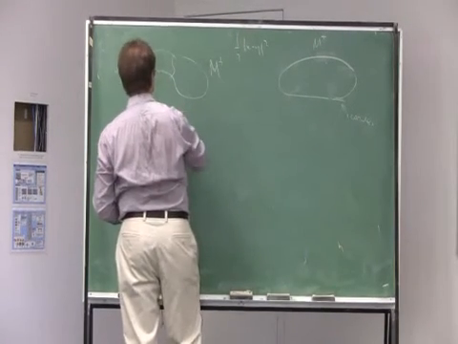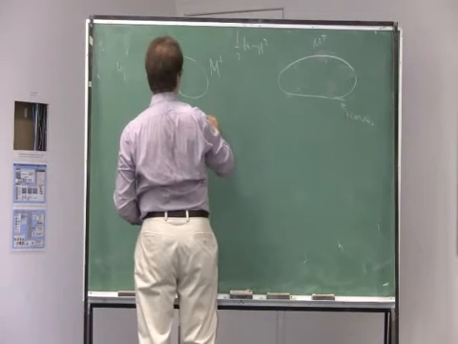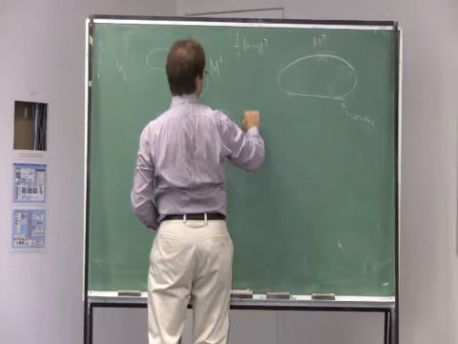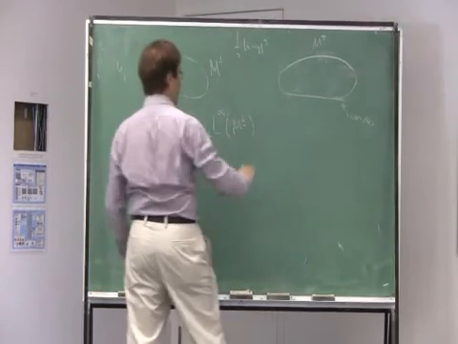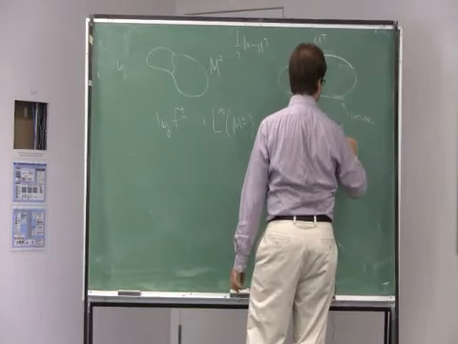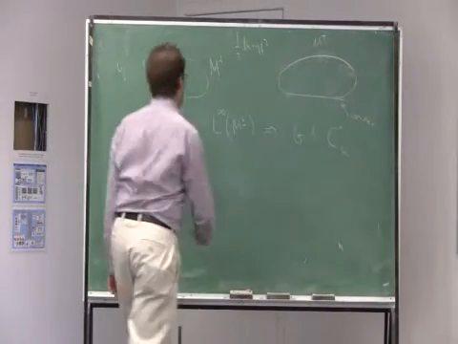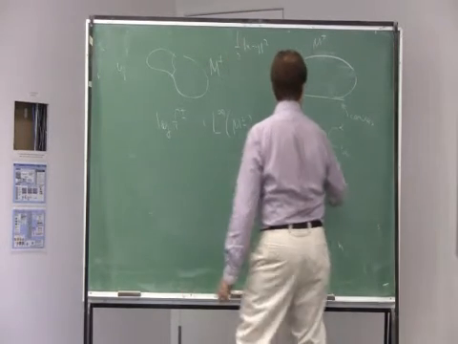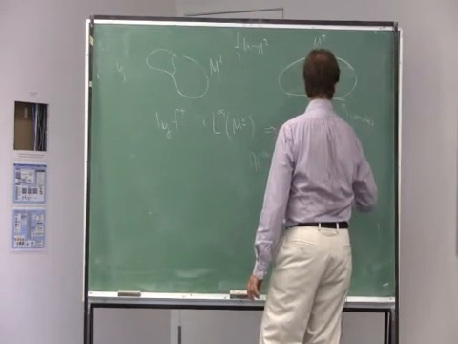So if F plus and F minus are bounded above and below on M plus and M minus, then G is actually Hölder continuous with some exponent alpha. And if, in addition, F plus and F minus are smooth, then G is smooth on the interior.